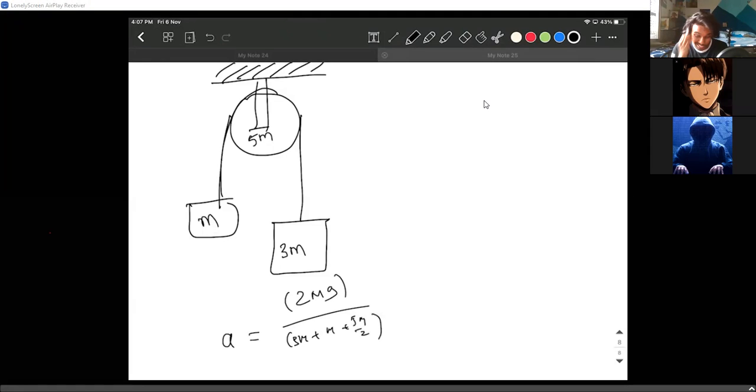So it's like 4g by 13. Yeah, I'm right. So check that and let me know if you're getting the same answer or not.